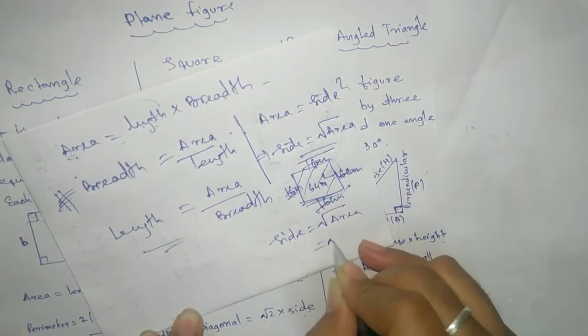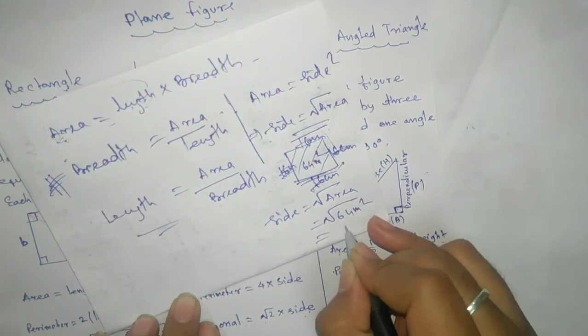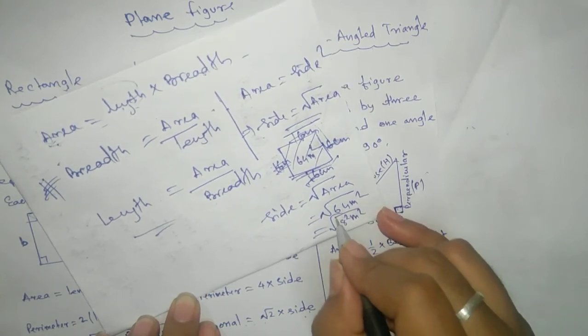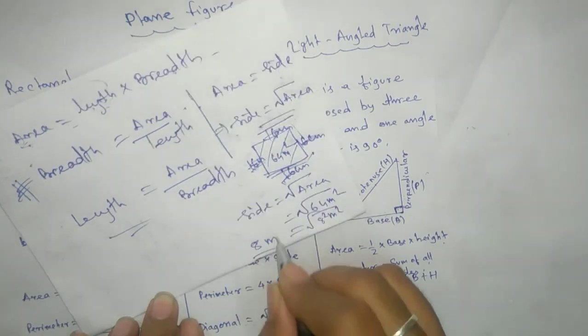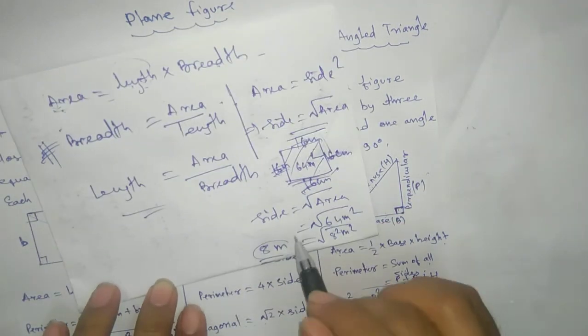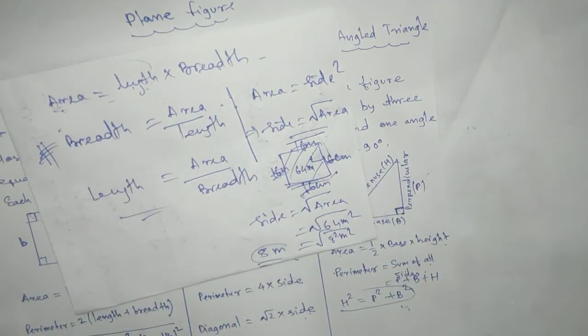That means root over 64 meters square. 64 means 8 square, meter square, and the square and square root cancel each other, we'll get 8 meter. That means the length of the side of this square is 8 meter. This way we can find the side of the square when area has been given to you.